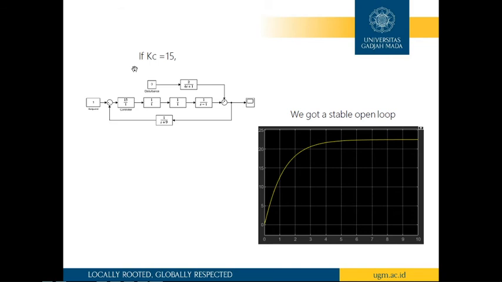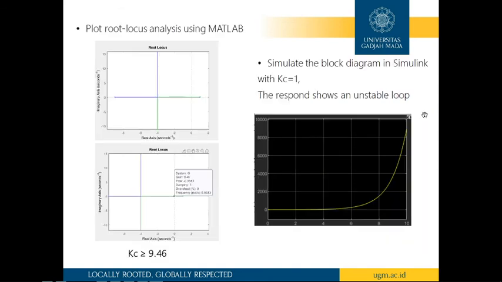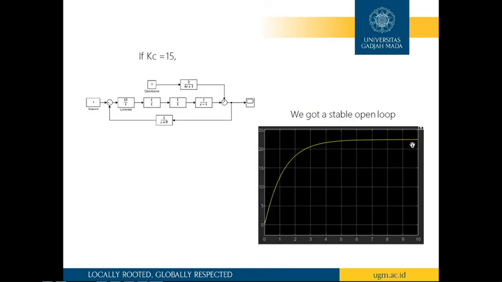So let's make Kc equal to 15, because 15 is greater than 9.46, and we change the controller from 1 to 15. Then we get a stable graph of the open loop from Simulink. It's different from the first graph, which was unstable, and it becomes stable by changing Kc from 1 to 15.